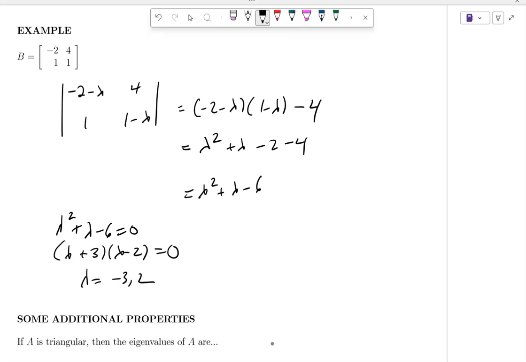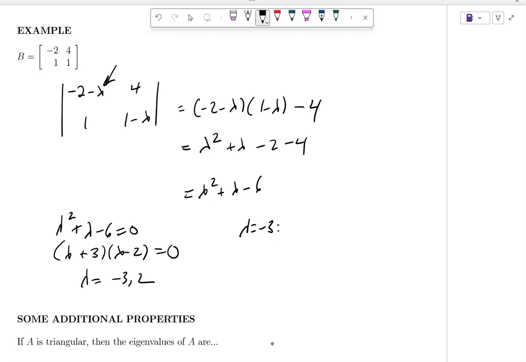Right? Okay. So again, we can find our eigenvectors associated with each of these by putting the eigenvalues into this matrix here and row reducing, right? So let's go back over to the calculator so we can do it a little bit more quickly.